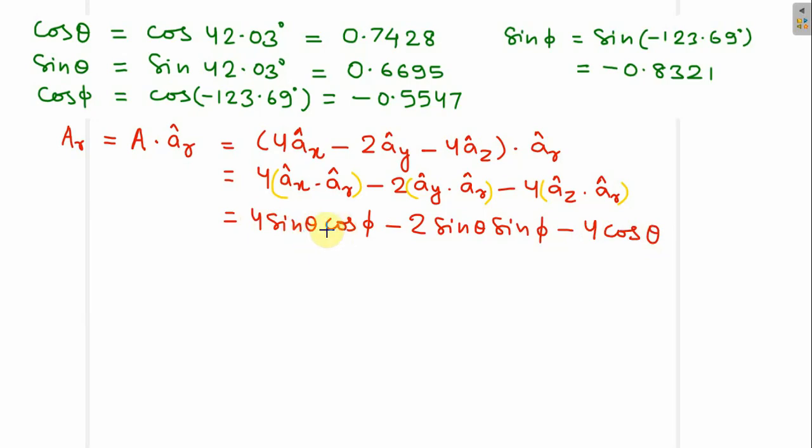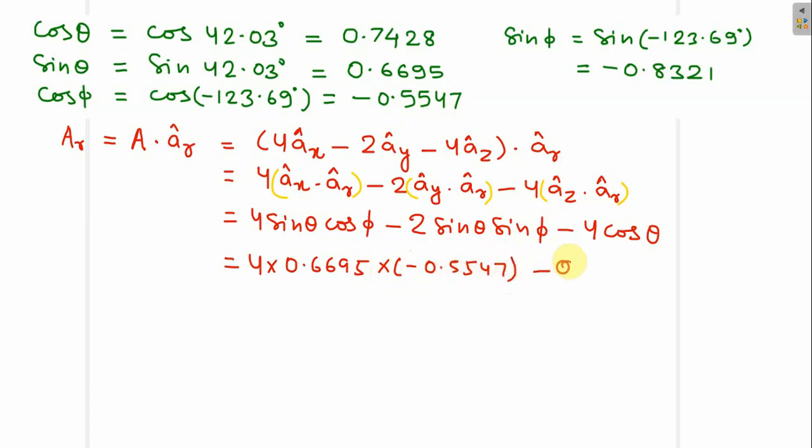Now all these values, sin theta, cos phi, you have calculated earlier, so you can just substitute the values. Here 4 into the value of sin theta, which is 0.6695, multiplied by cos phi, which is minus 0.5547.